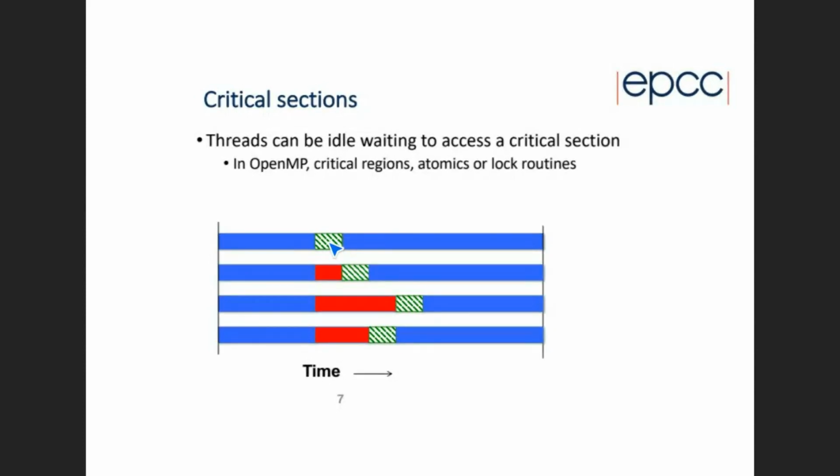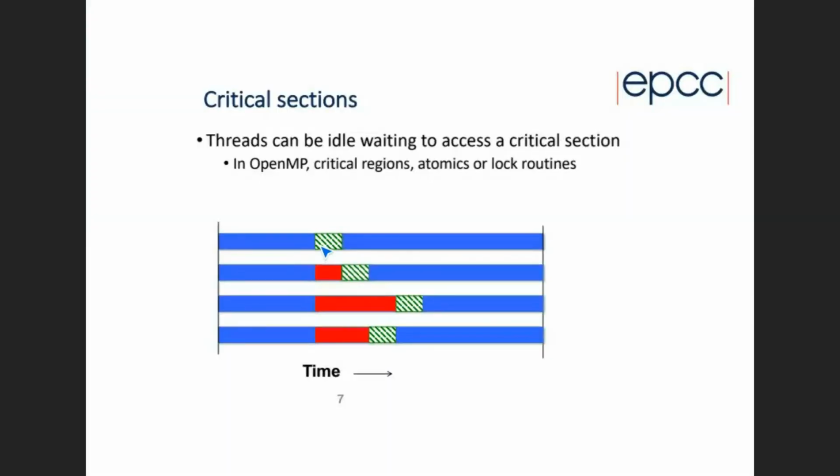That's a piece of code which only one thread can execute at a time. So even if all the threads happen to arrive at the critical section together, they have to take turns to execute that block of code, and therefore there will be some idle time while threads are waiting to get into the critical section.